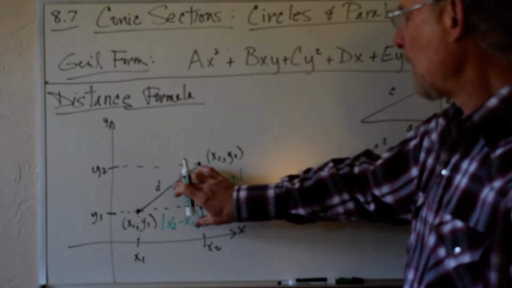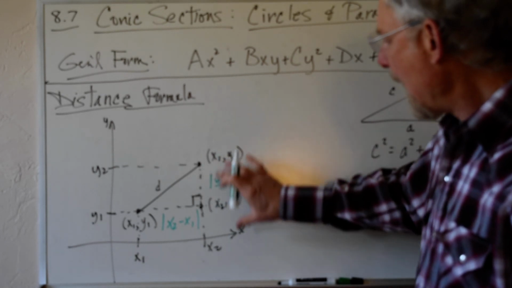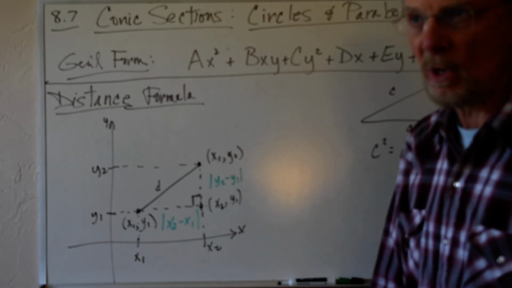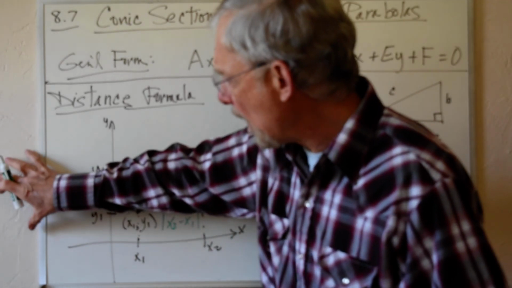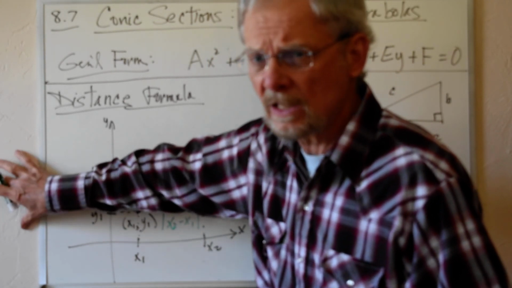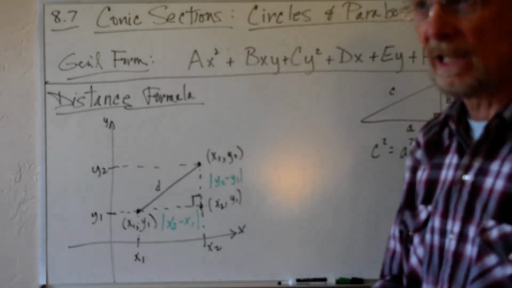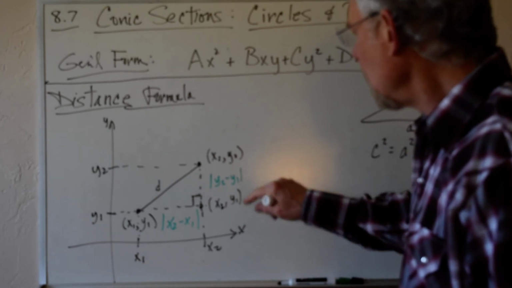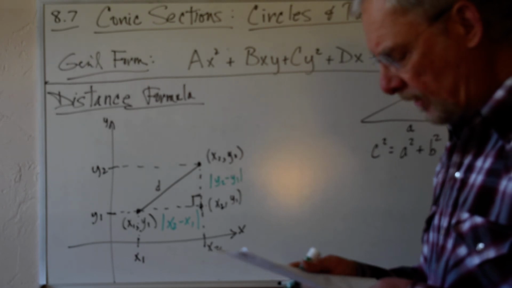Now in this case, the way I've drawn this triangle here in the first quadrant, where all the numbers are positive, I didn't even need the absolute value bars. However, if we were to take this diagram and rewrite it in the second, third, or fourth quadrant, where we'd have some negative coordinates, we'd need these absolute value bars to keep everything true and making sense.